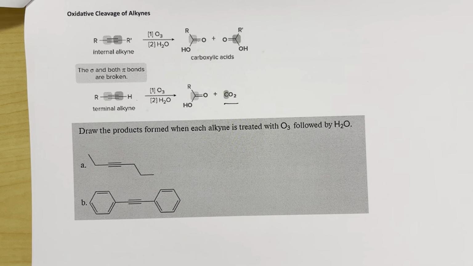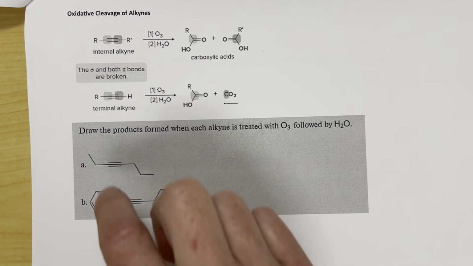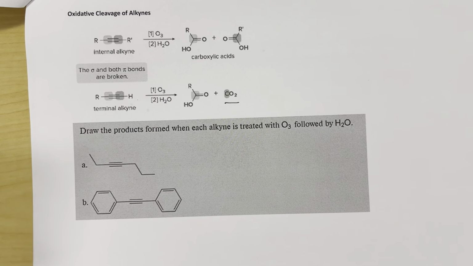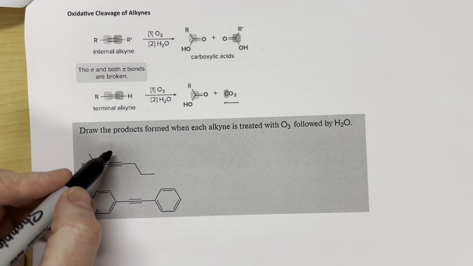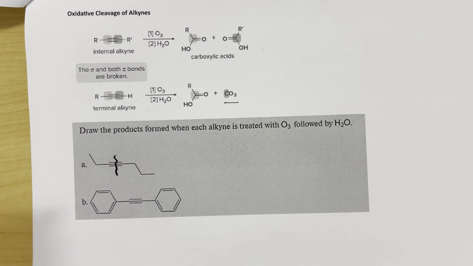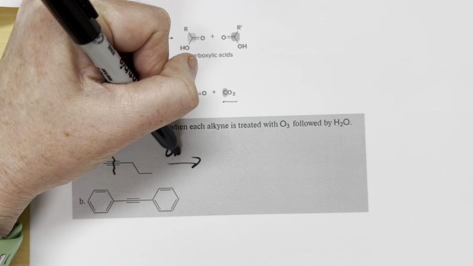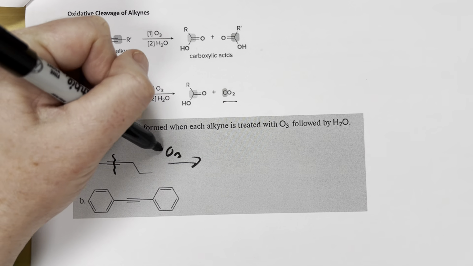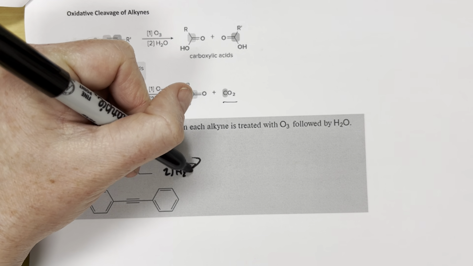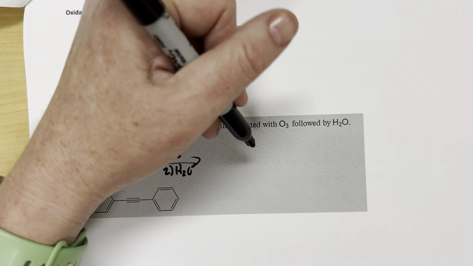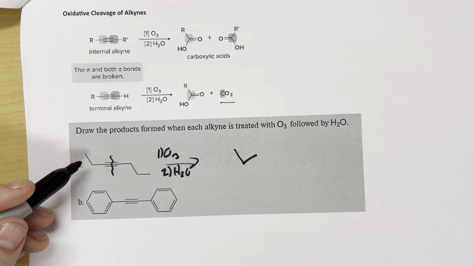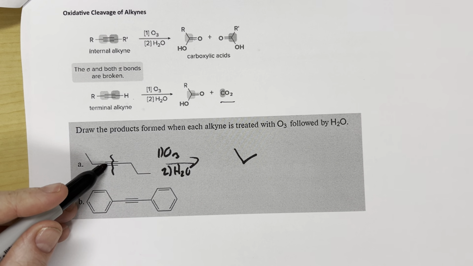Trippy, right? Okay, so in both of these situations, we have internal alkynes. So you can imagine just breaking them apart. Again, we're going to treat it with O3 and follow it up with water. So you can just redraw carbon, carbon to another carbon.